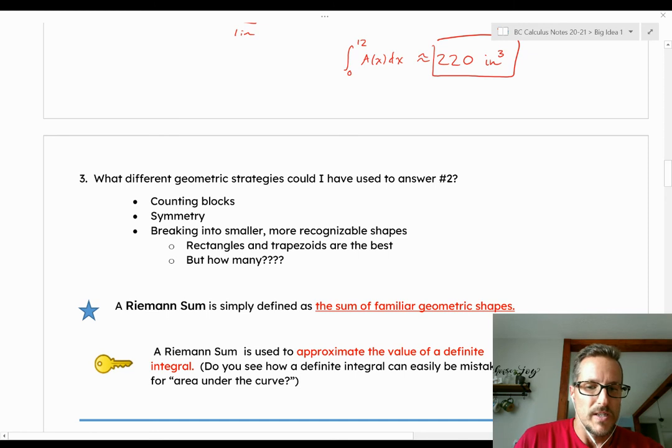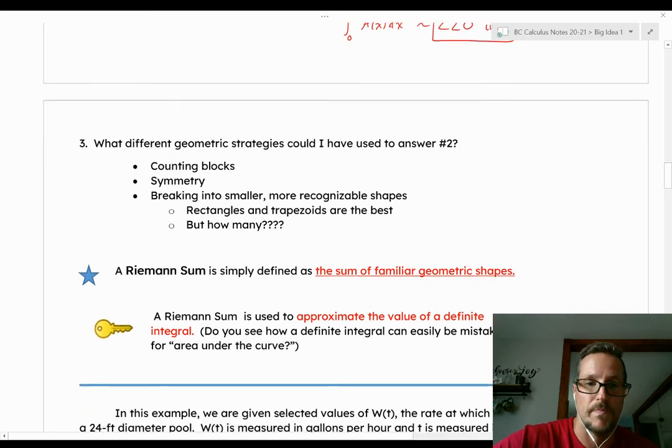So stay vigilant. A definite integral is a, yes, product. It does look like the area under the curve, but it's not just the area. We'll find out next week why, another reason it's so dangerous to equate definite integral with simple area. So stay tuned for next week.